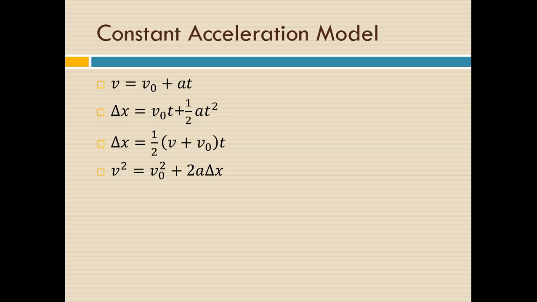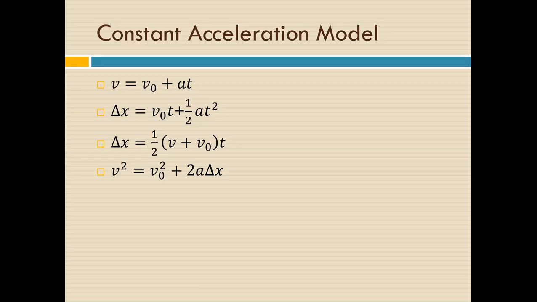Delta x equals v0t. And then we can keep going. Every time we replace a with 0, we end up getting either v equals v0 or delta x equals v0t. Following along? So constant velocity is just a special case of the constant acceleration motion. So if I'm talking about constant velocity, my model is real easy. One equation, delta x equals v0t.